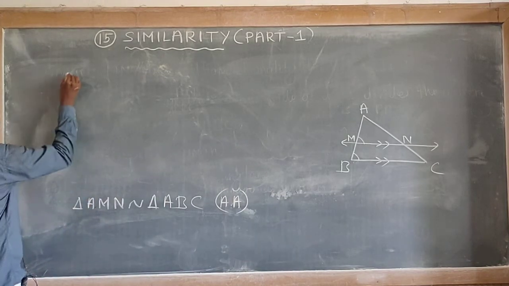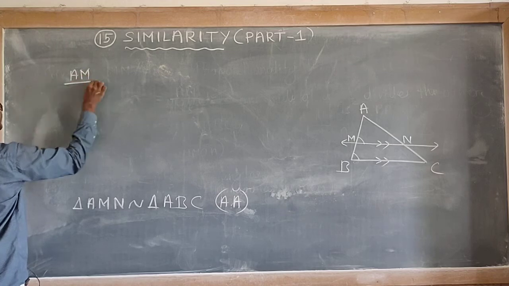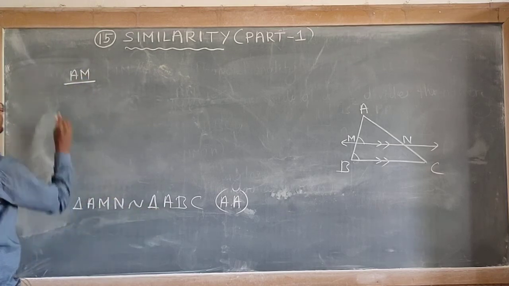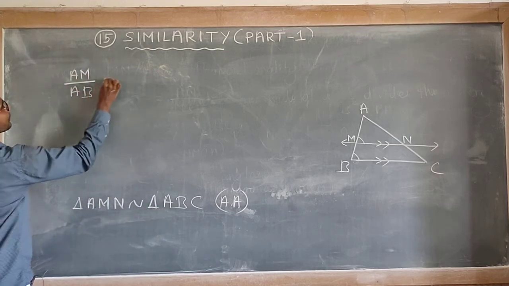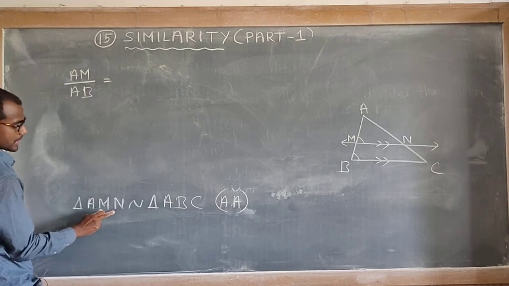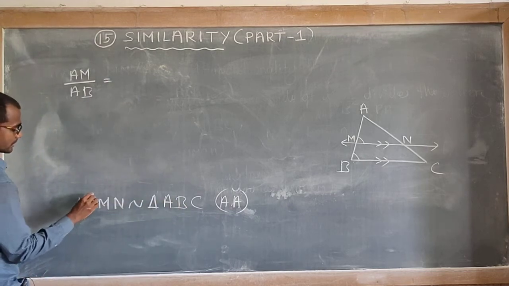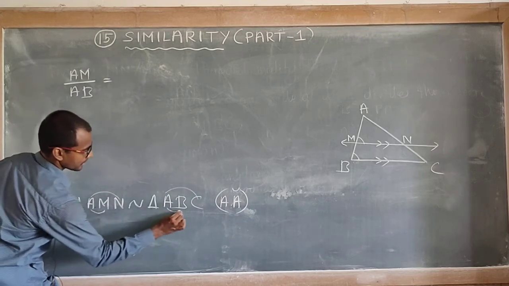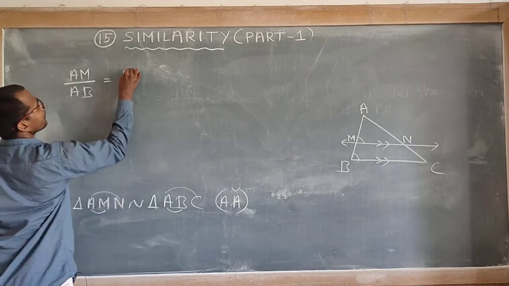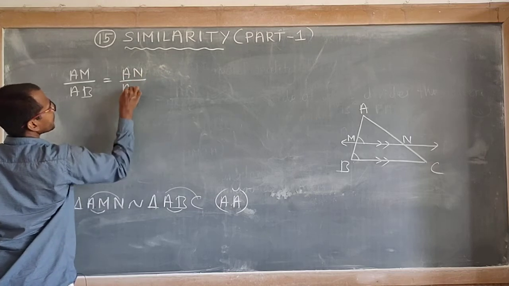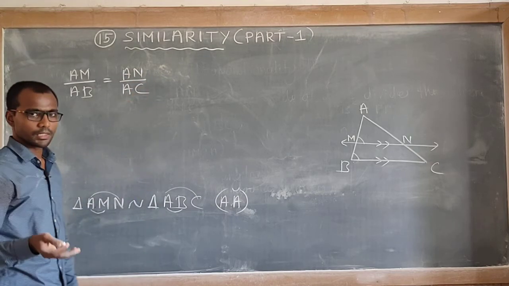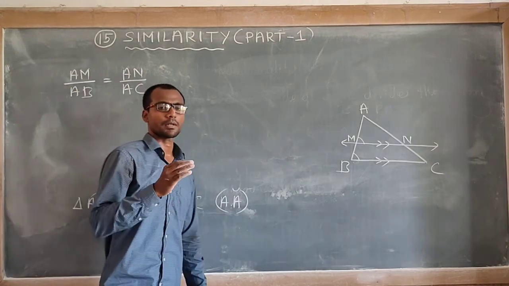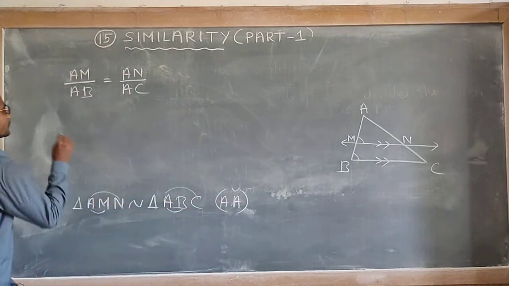We will get AM by AB is equal to AN by AC. Why? Because corresponding sides of similar triangles are proportional.